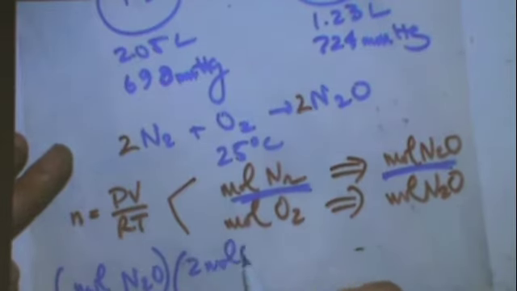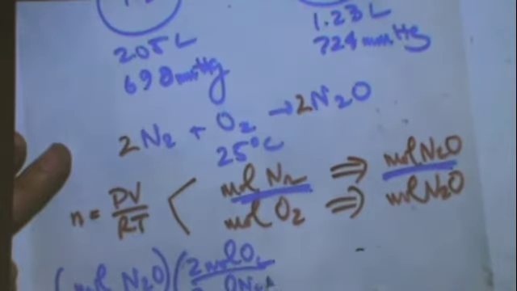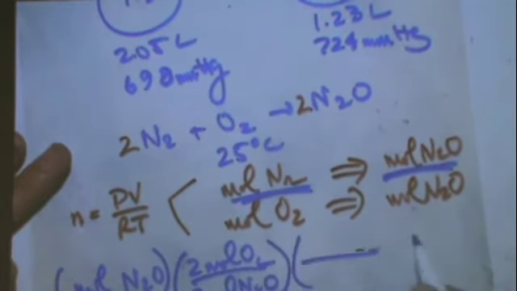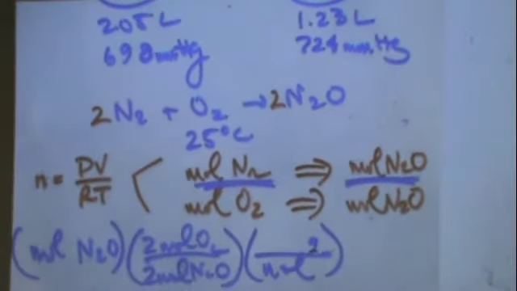So you say 2 moles of O2 for every 2 moles of N2O, and then you go to the molar mass, and this is going to be the actual amount used. You subtract it from the amount given, and that'll be your excess. Is that kind of okay? Yeah.